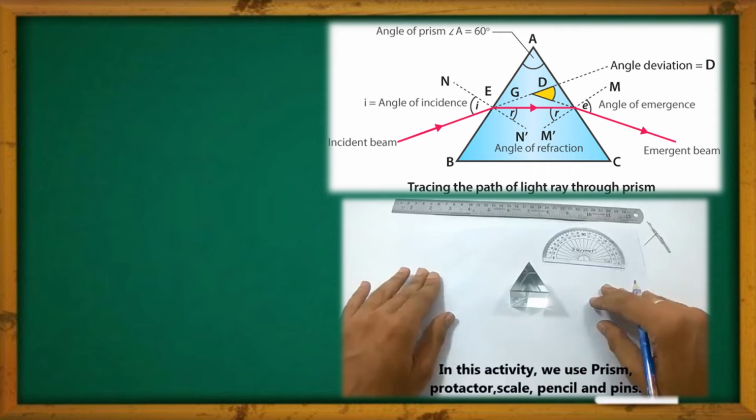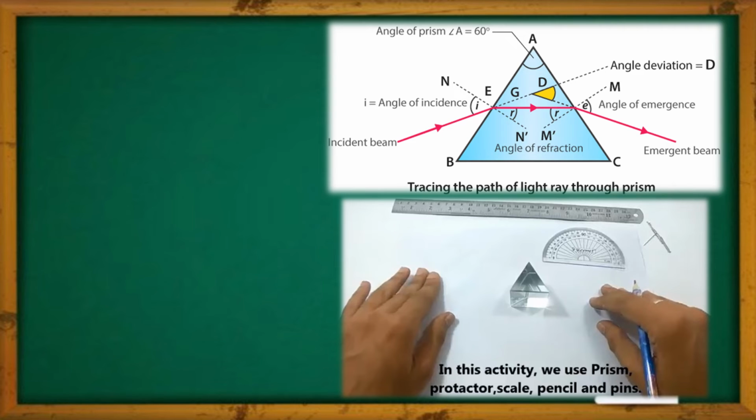At the point E, where the first bending of the light happens, the light enters inside the prism, and it leaves the prism at one point from the surface AC. The ray which comes out of the prism we call the emergent ray.